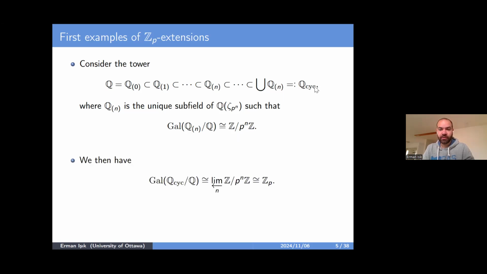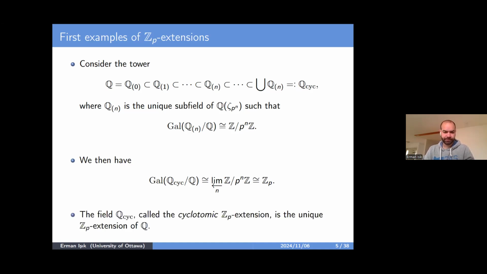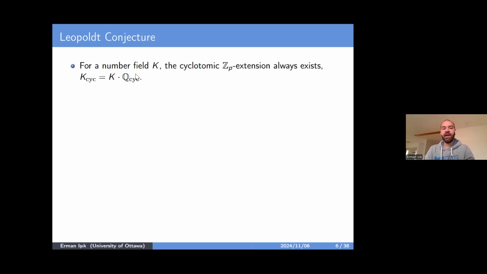And we take the compositum. It turns out that we have a Z_p-extension of Q, which is called the cyclotomic Z_p-extension. In general, if we have a number field, we can obtain a cyclotomic extension for those number fields.